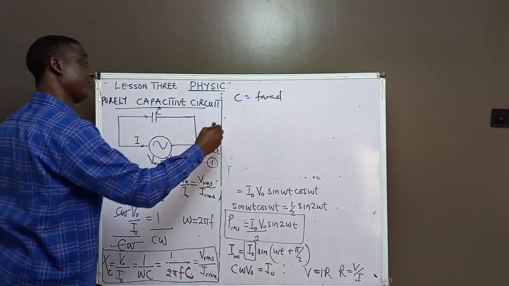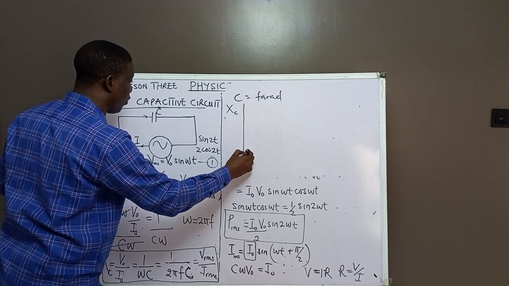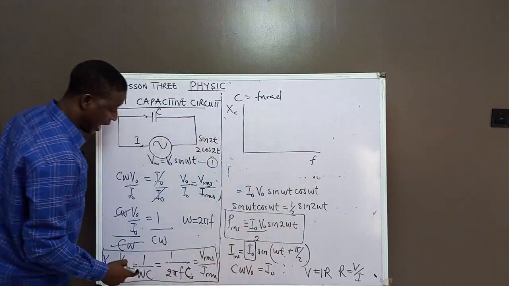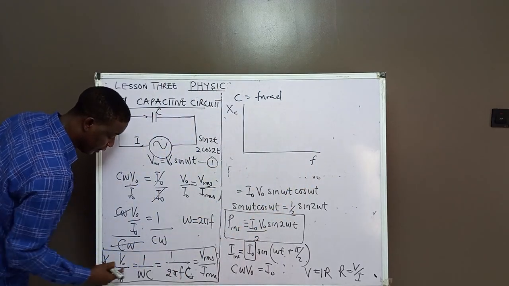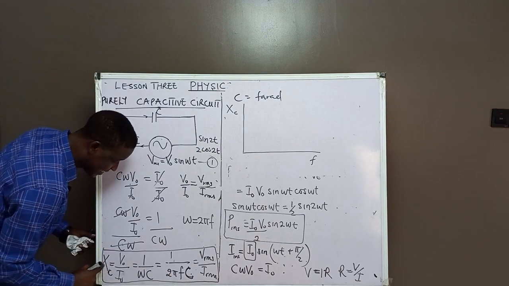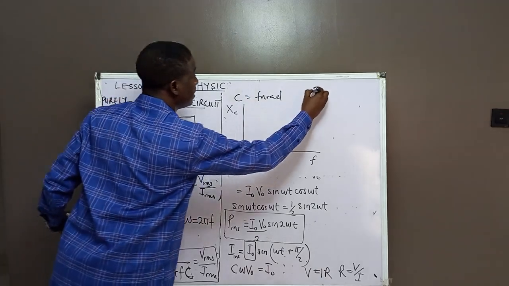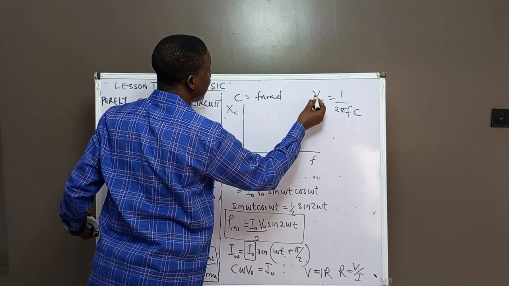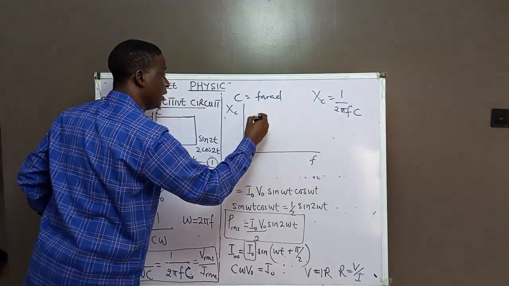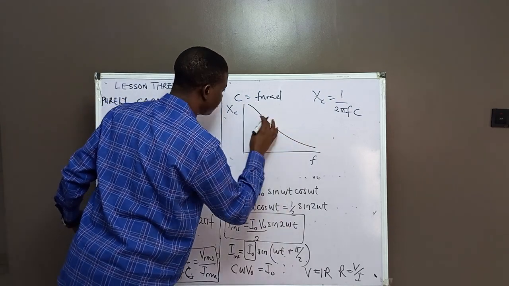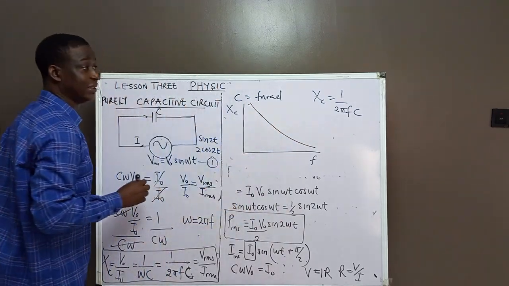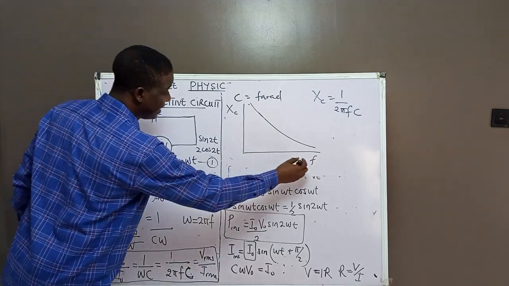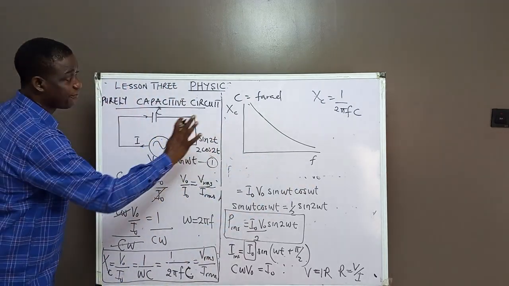When you plot the graph of Xc against frequency, what is the relationship between them? Xc is equal to 1 over 2 pi FC, so Xc is inversely proportional to F. The graph will look like this. We plot the graph of reactance across the capacitor against frequency, so that is an inverse graph.